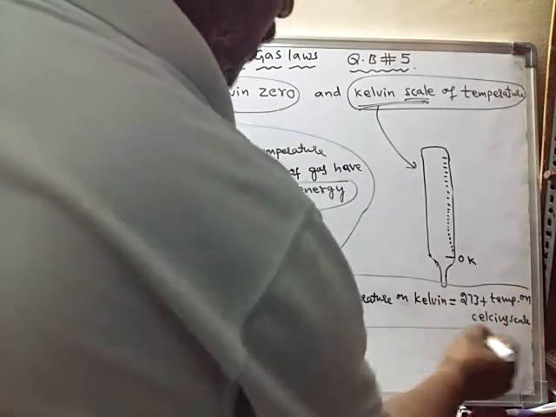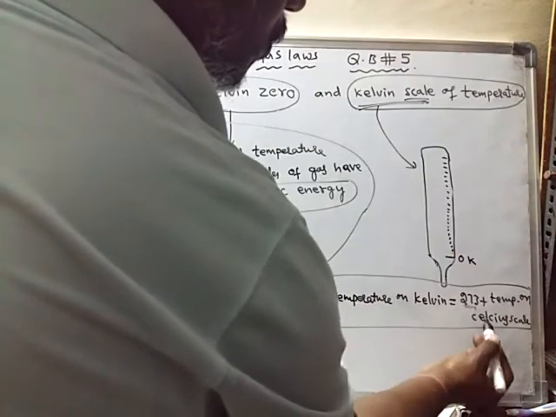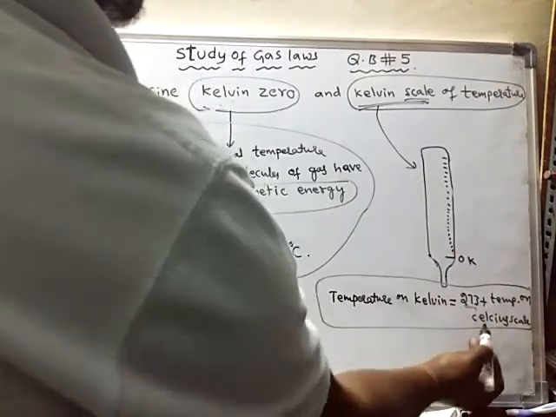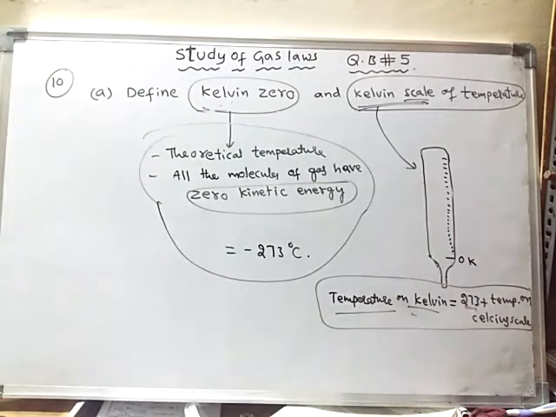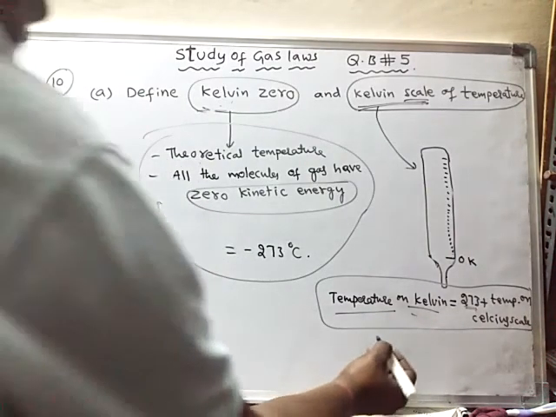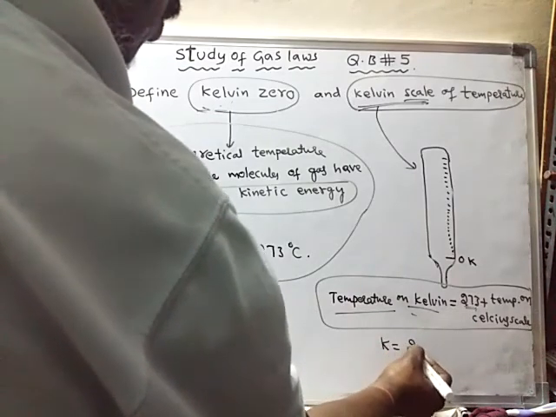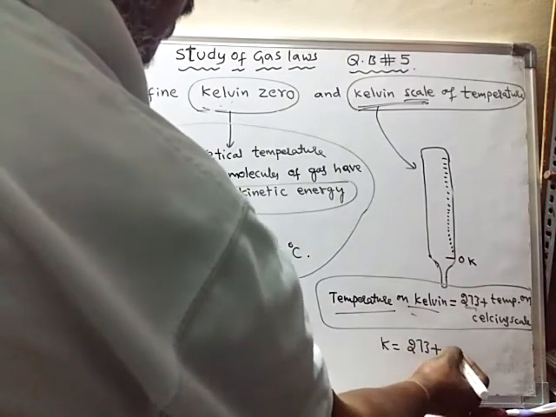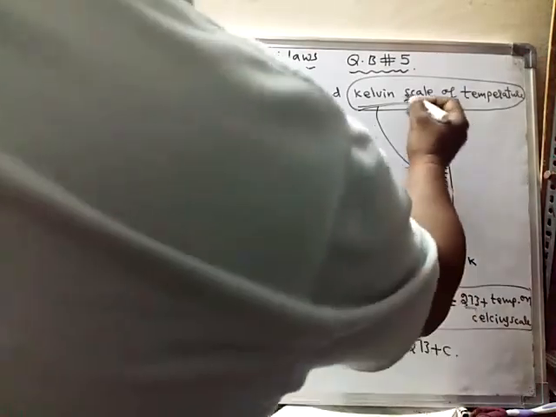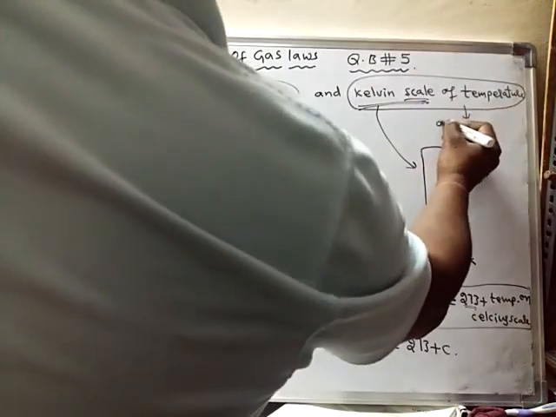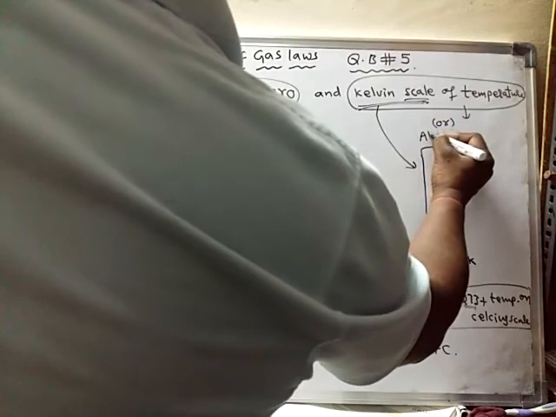If you add 273 to the temperature on the Celsius scale, we get the temperature on the Kelvin scale, or simply K is equal to 273 plus C. So like this we can define the Kelvin scale of temperature. It is also called the absolute scale of temperature.